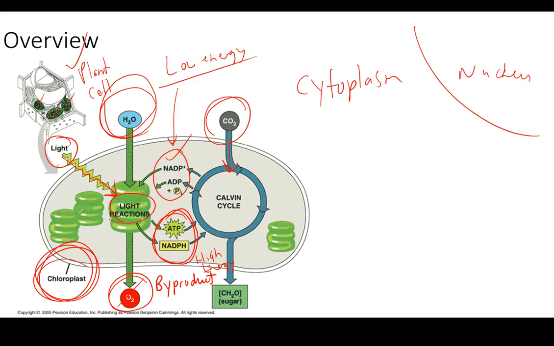Izzy, what would you say? Convert it back into what? What sort of energy? Look at the board up here. Right? So here they're low, here they're high, and it's this cycle. Calvin cycle is using that energy for something. You'll learn what that is later. Okay? Thanks. You can set that right there. Appreciate it. You're welcome. Okay.